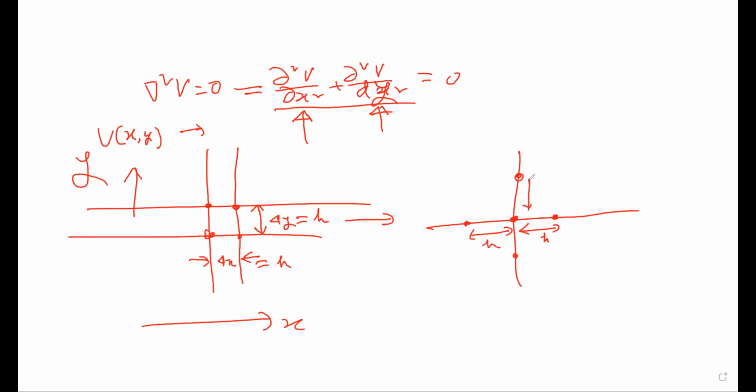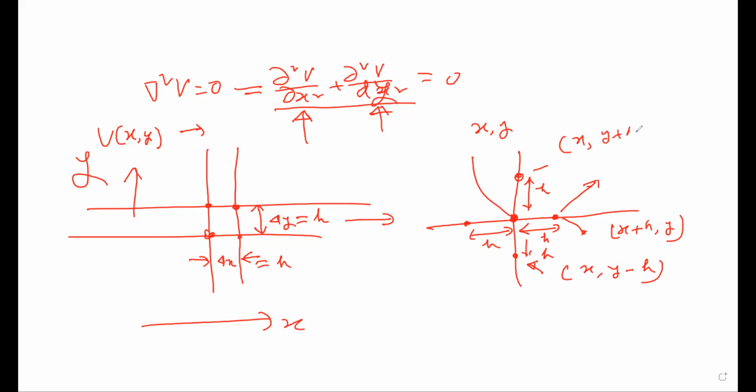If this point is V(x,y), then this point will be equal to what? This point is (x plus h, y), this point is (x, y minus h), this point is (x, y plus h), and this point is (x minus h, y). So you have used these points around the point (x,y).